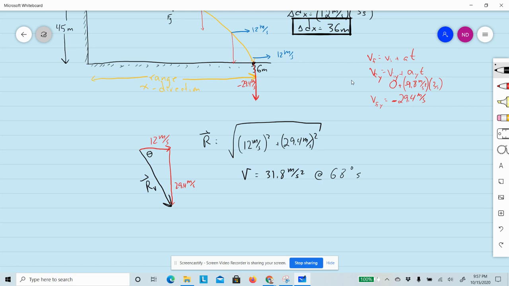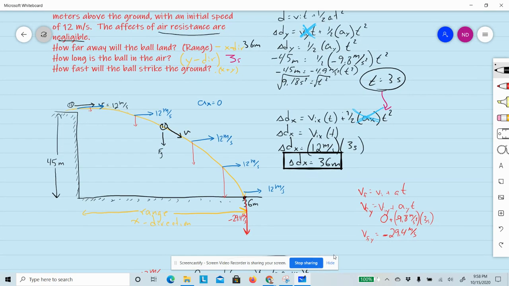I was going to say south of something, but I really should say below horizontal. That angle right there is 68 degrees. Tan theta equals 29.4 meters per second over 12 meters per second. You get theta to be 68 degrees.